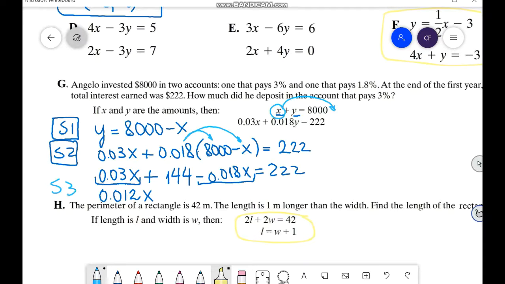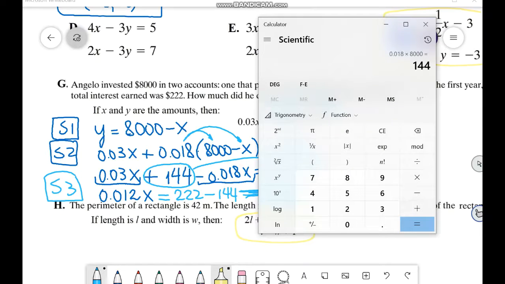For step number 3, let's move this positive 144 to the other side. It becomes negative when it goes to the other side. 222 minus 144. And to find the answer, finally, let's bring back the calculator. Because the answer is going to be 222 minus 144 equals 78.